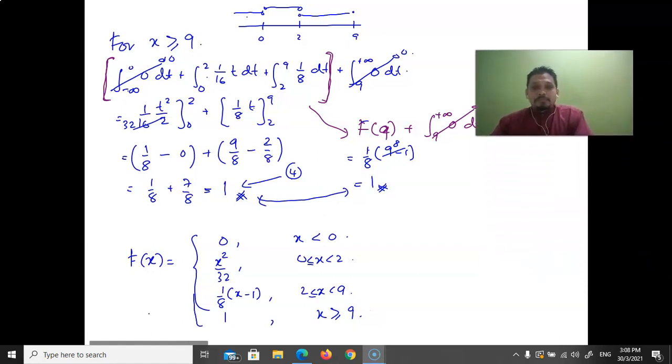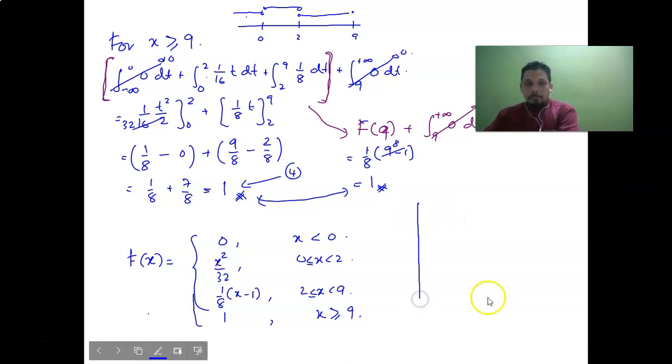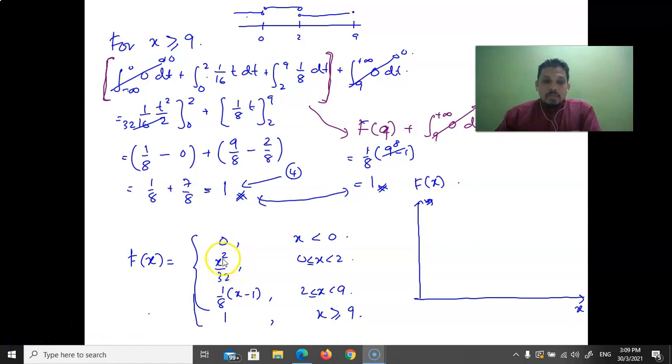There you go. Okay, to sketch the graph of this, it is a function of the cumulative distribution function of x and also x here. According to this one, 0, and 0 until 2, which is x squared over 32. Class, x squared over 32, this is quadratic.